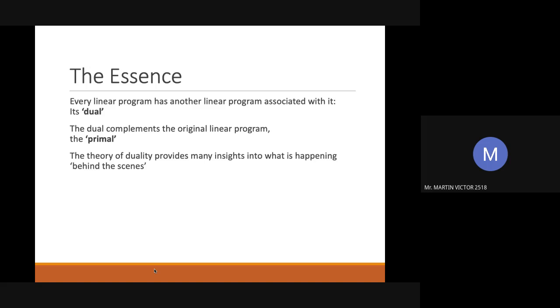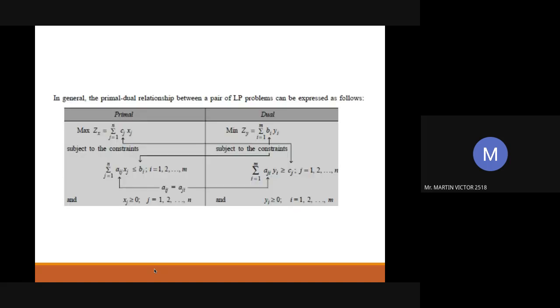Whatever given problem is known as the primal one, and for every linear problem there is another linear problem associated with it, which we call the dual. The theory of duality provides many insights into what is happening behind the scenes. I want all of you to take note of it.